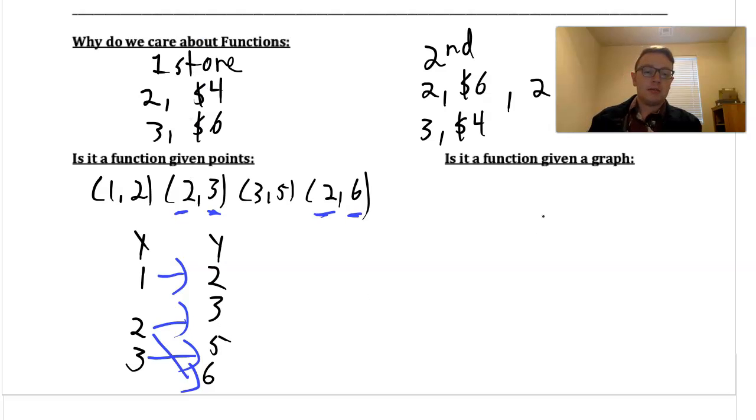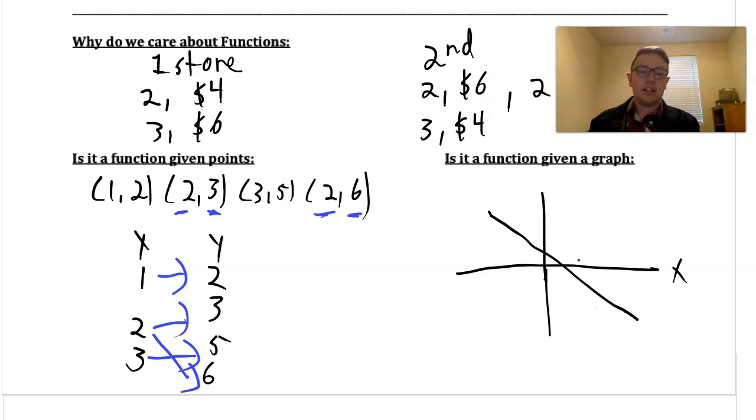With graphing, we get something similar. With graphing, how do we check whether one x value has only one y value? Well, let's draw an example of something that might be a function. A line. So we know that if we go to this x value, we only go to this y value. But what about if we had something that was not?